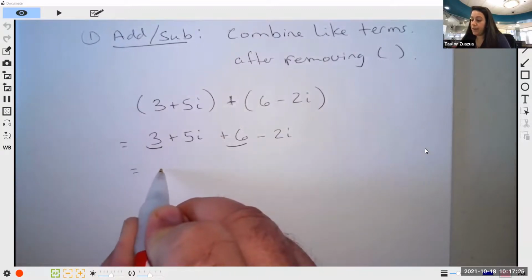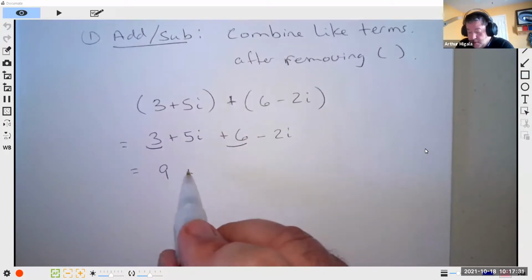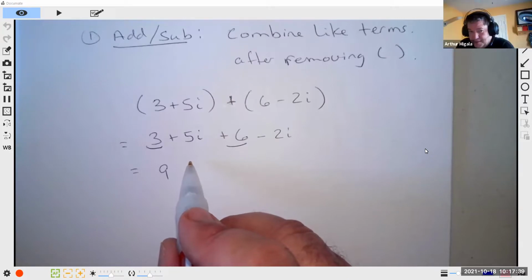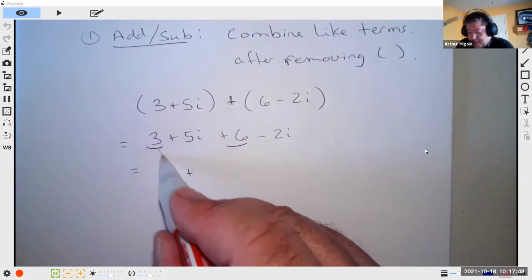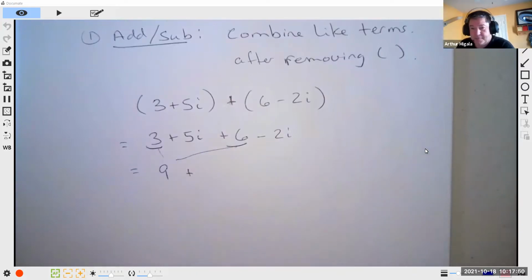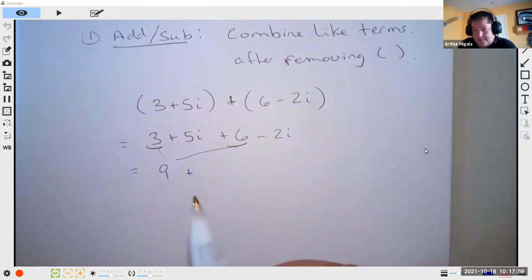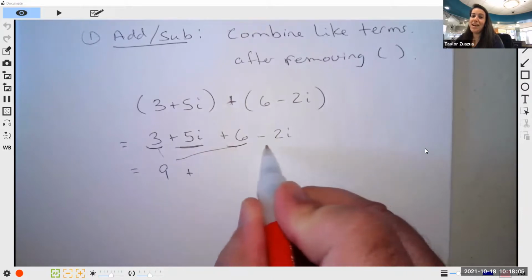Rule: whenever you get rid of parentheses, always combine like terms. So it'll be 3 and 6, which would be 9. And then 5i minus 2i, is it positive or negative? Positive. Why? I say it's positive because 5 minus 2 is still a 3i.